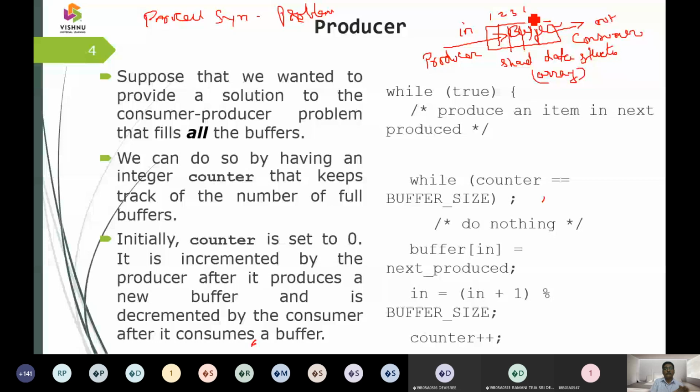Now the buffer size I can assume as 5 here. The counter value is going to be incremented one after the other. So item 1 should be taken up and filled, then item 2 has to be taken up. Here 1, 2, 3, 4, 5 are called indexes.